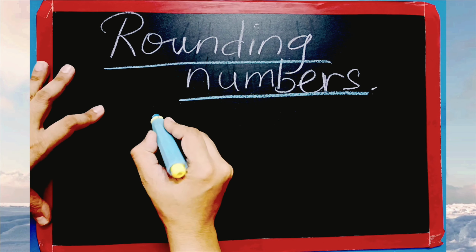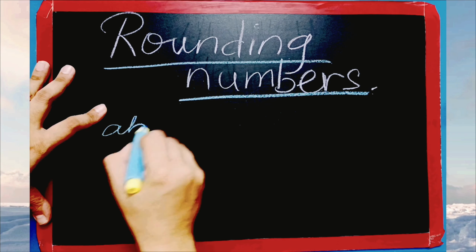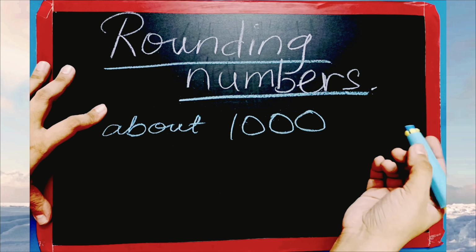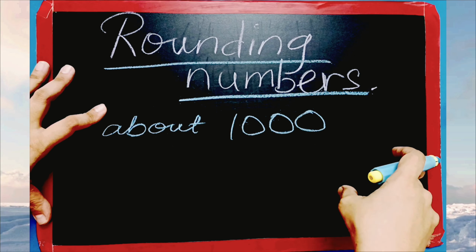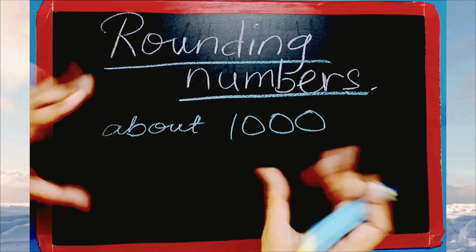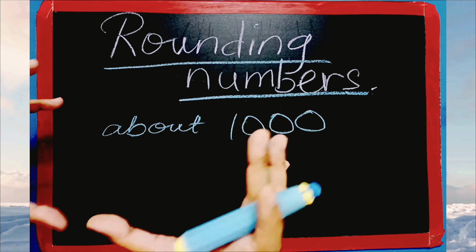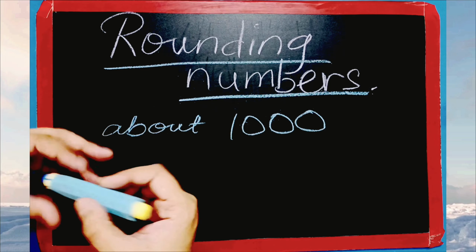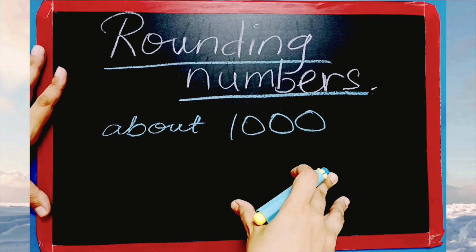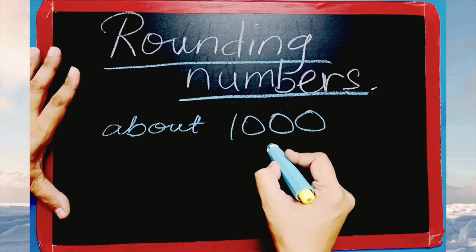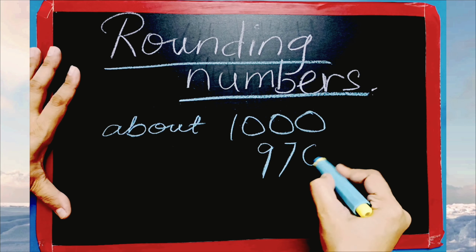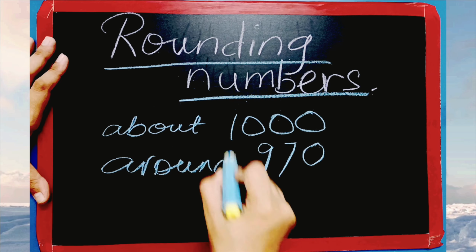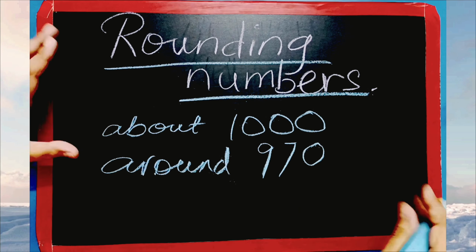Now if I say I have eaten about 1000 oranges in a year, it's just an estimate, not the accurate number of oranges that I have eaten in one year. Then I say no, I think it is around 970 oranges that I have eaten over the year.